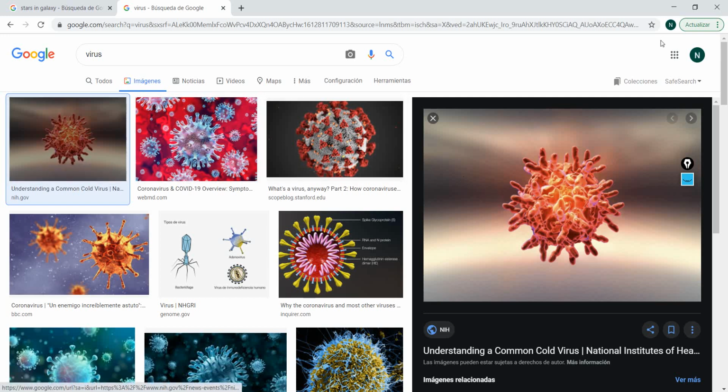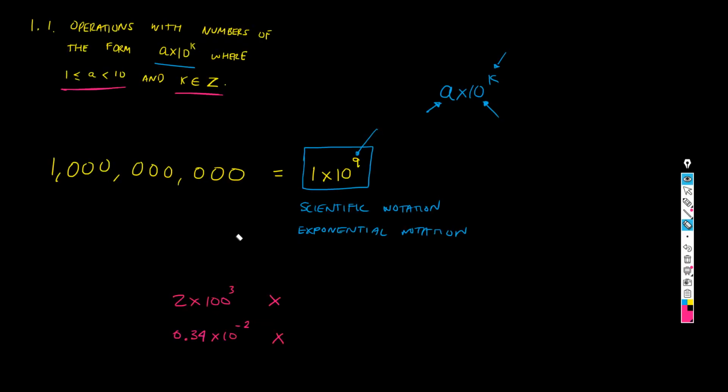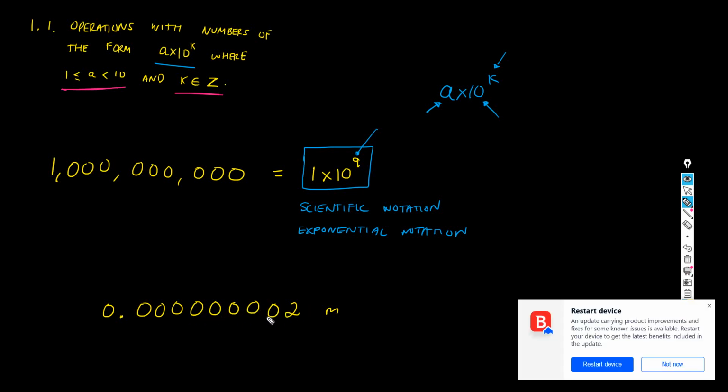So these things are of the order of nanometers, and what that means is that the size of those things is approximately this big, 0.000000002 meters. That's how tiny a virus is. More or less, it may be an order of magnitude less or more. This is just a rough idea of how small a virus is, you see?